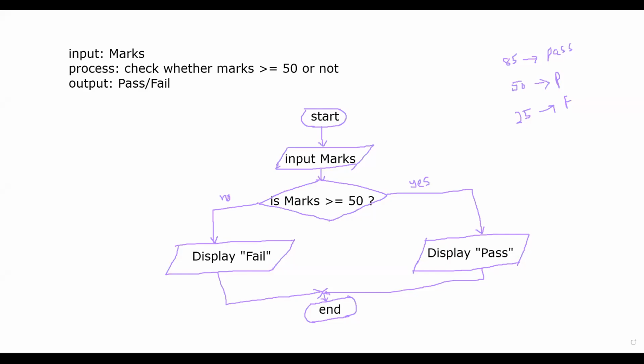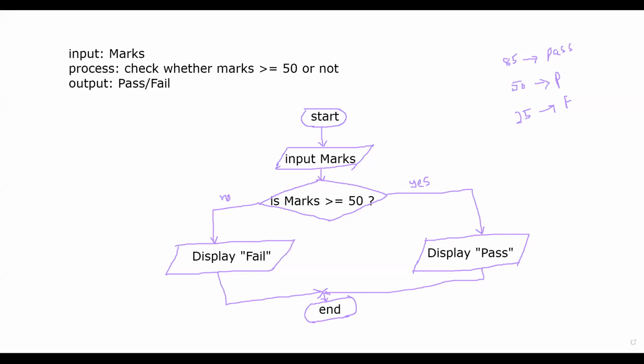So in this example, you look at what is the input. It's marks. What is the output? It should be either pass or fail. Now, given marks, how do you say pass or fail? For that, you have to check whether the marks is greater than or equal to 50 or not, right?